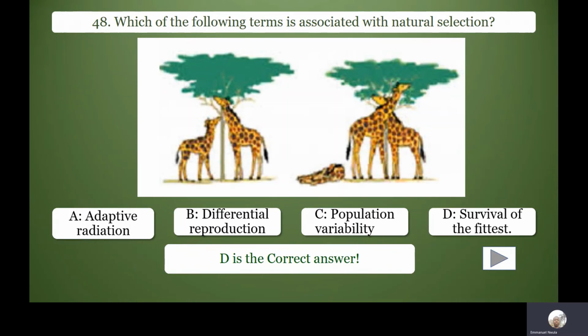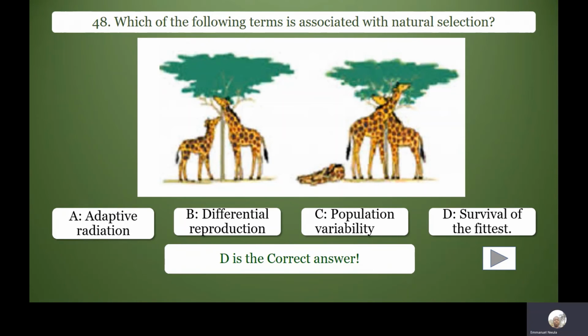It is the fittest. It will survive more than the other. And Charles Darwin explaining the origin of the long neck in giraffe. According to him, at the beginning, there were giraffe with short neck and long neck.